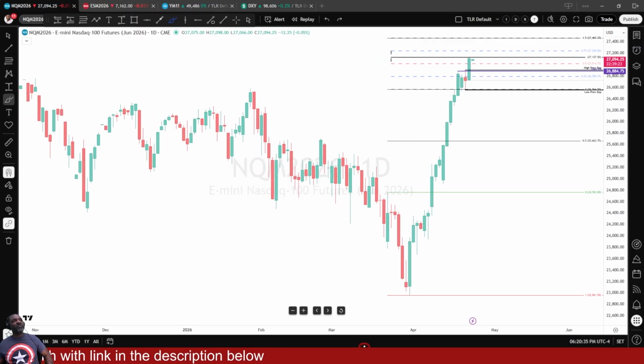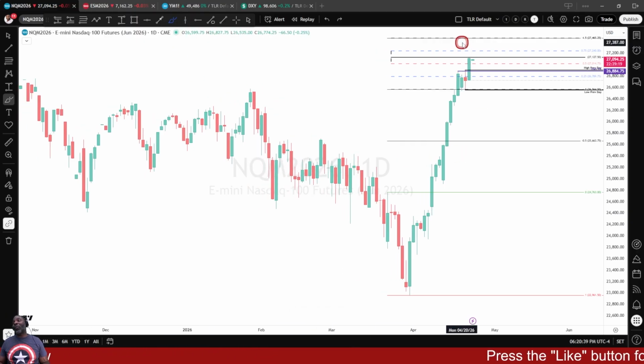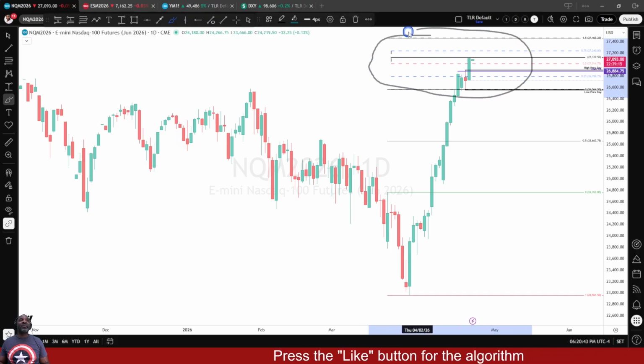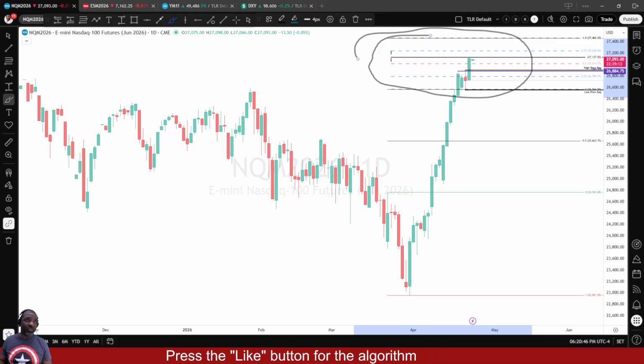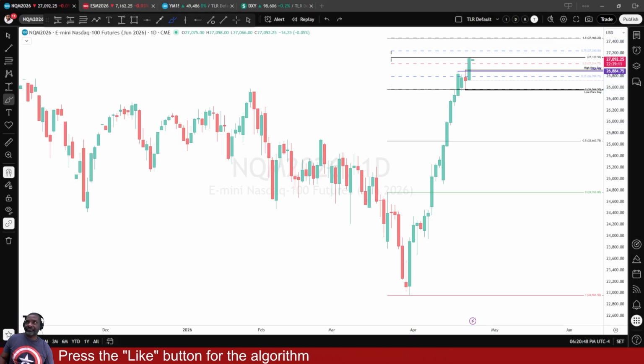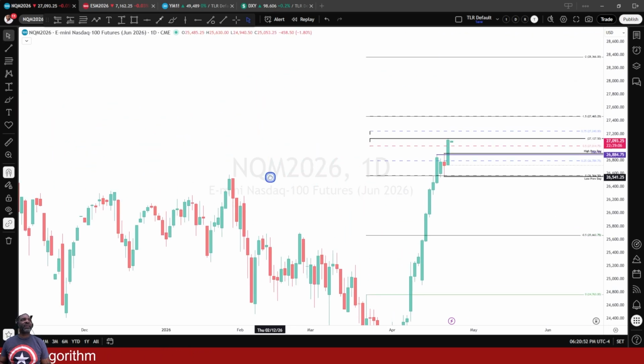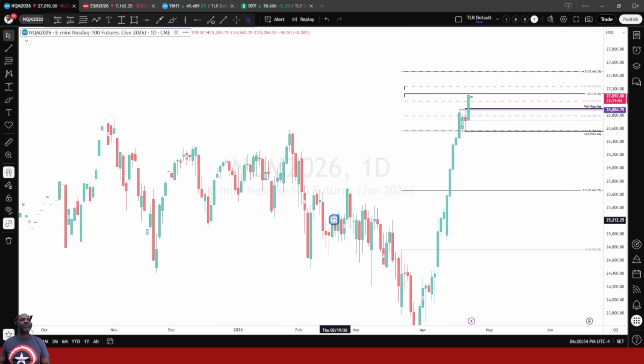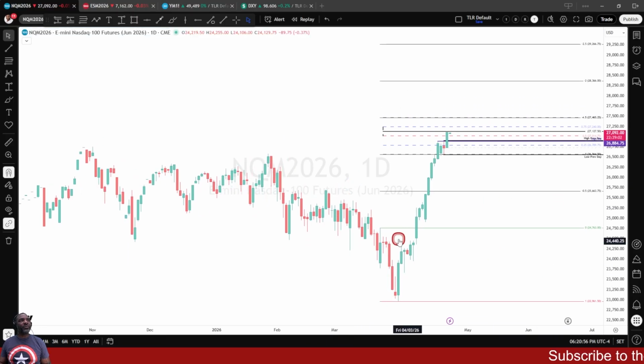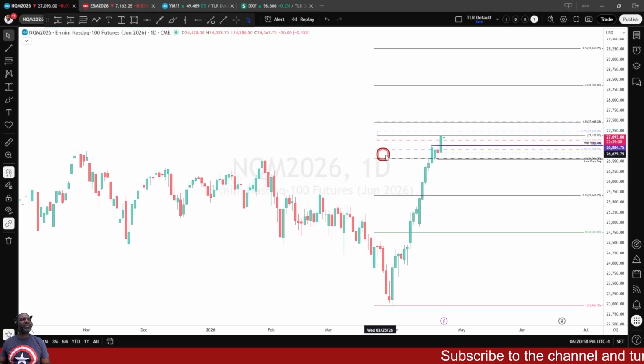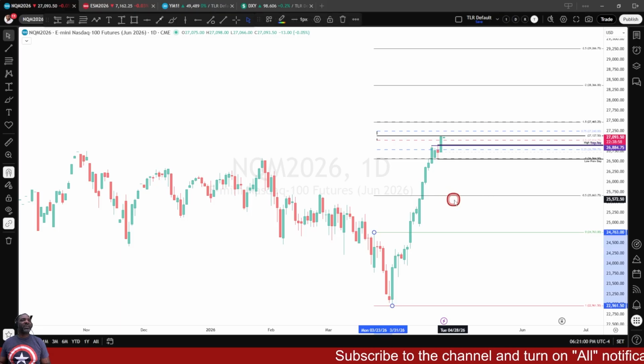So, if you're looking at the chart right now, and you're trying to figure out why in the world I have these Fibonacci's drawn up here, right? You might be looking up there. Is there anybody in here right now that's looking up there saying, Tim, why in the world do you have these Fibonacci's up there?